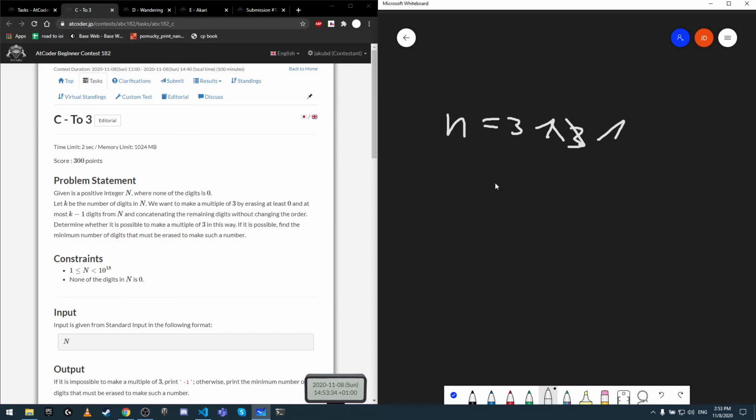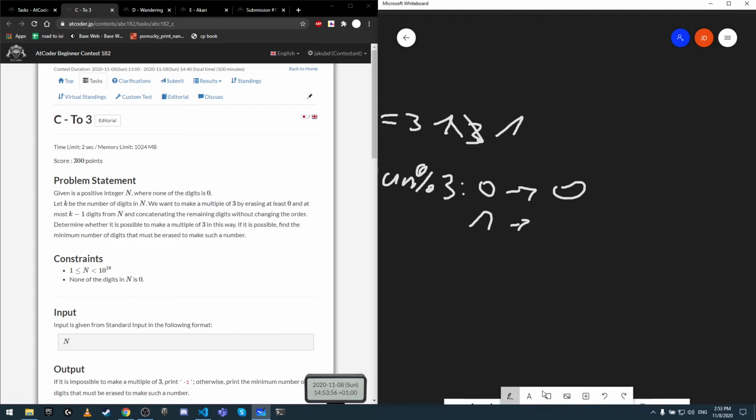So first of all, if the sum mod 3 equals 0, we can divide it into a couple of cases. If it's 0, then you return 0 because you don't need to do anything. If it's 1, then you have two cases.